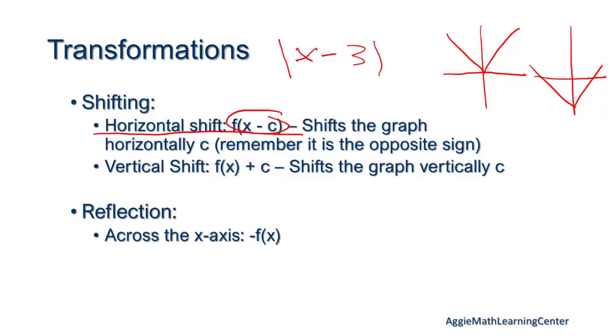So horizontal, it kind of feels backwards because it seems like it should be left 3 because it's -3. So it seems like we should be going 3 this way. But even if we have a square root, it will still be going right.